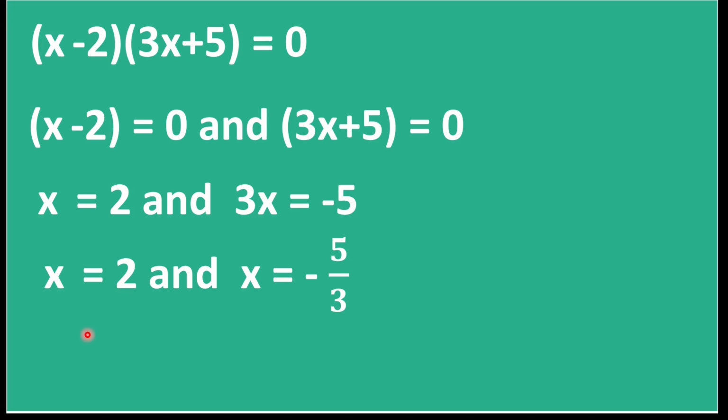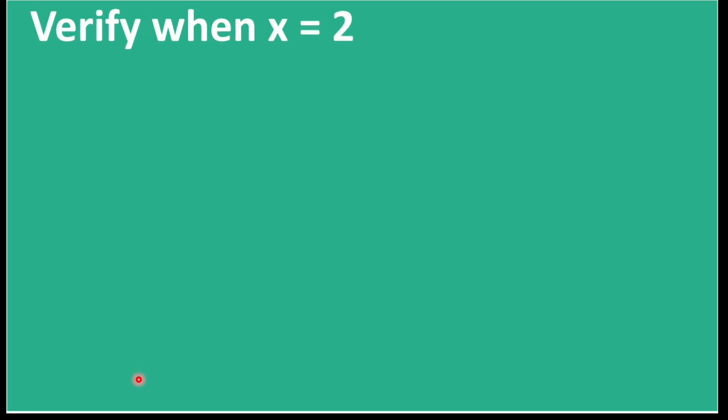So we have these two solutions of the given question, 2 and minus 5 divided by 3. But before accepting these two solutions, we have to check whether they satisfy the equation or not. So let's verify this.